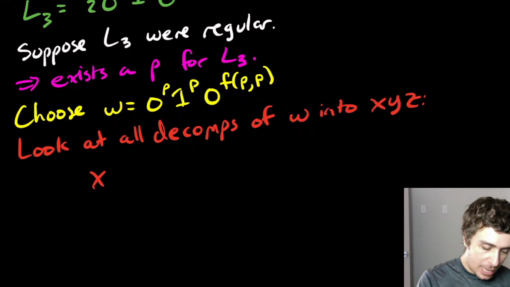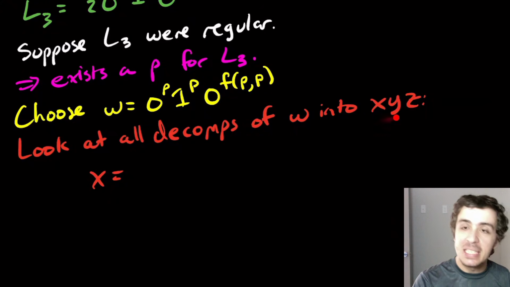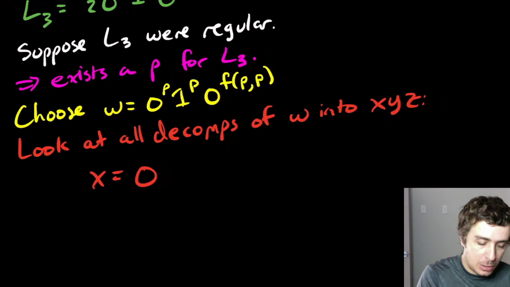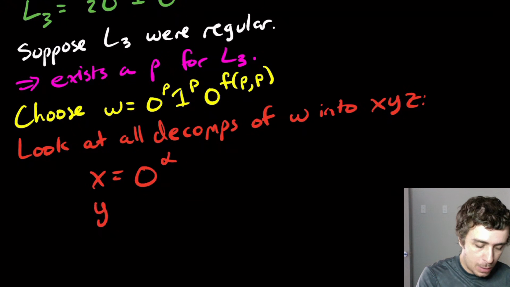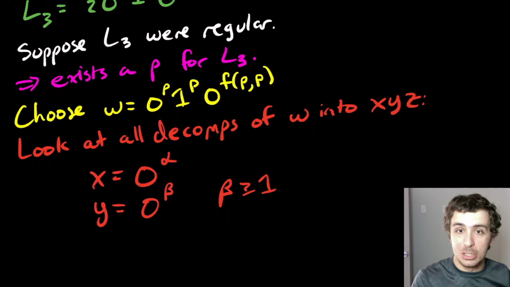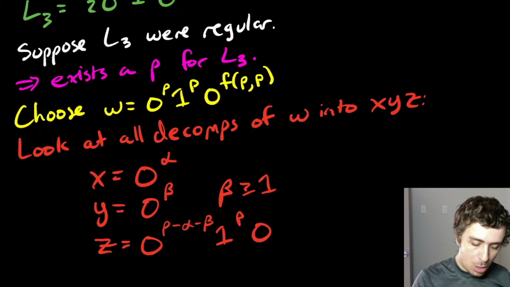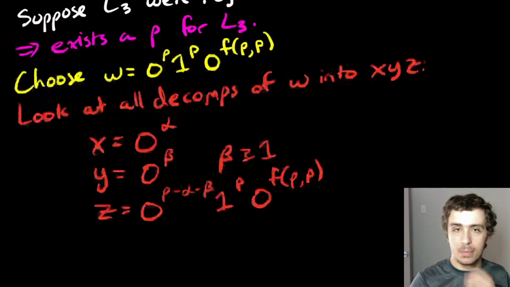So because this string starts off with P zeros, that means that x and y are both only zeros, but I don't know how many of them. So let's say x has alpha zeros, y has some number beta of zeros. I have no idea what the number is other than it's at least one. And z is the whole rest of the string. Well, I'm going to have 0^(P-alpha-beta), 1^P, and then all of the zeros at the end, which is that f(P,P).